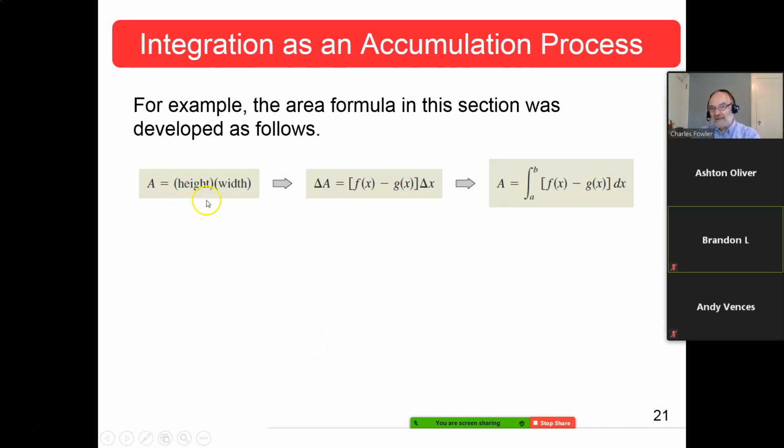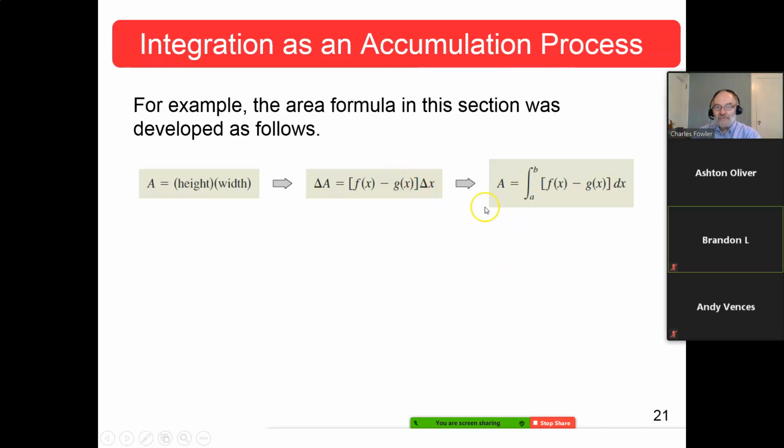The area was height times width, that's from pre-calculus algebra. The delta area would then be the length of that representative rectangle. That's the upper to lower because this is functions of x, okay, same x's, and then the width would be your dx, delta x.